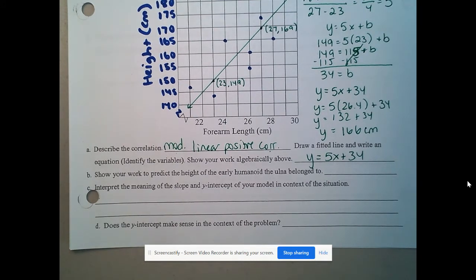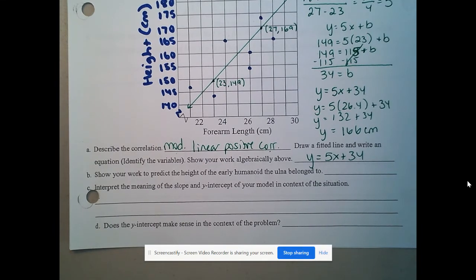So we're saying 34 is the y-intercept. So if you have a forearm length of 0, you are 34 centimeters tall, and that does not seem reasonable. This would fall under the category of does not extend that far. We cannot continue our data that low into the graph because it's so far away from the points that we've collected. But we can do the slope.